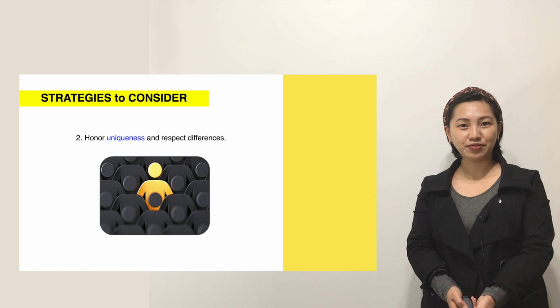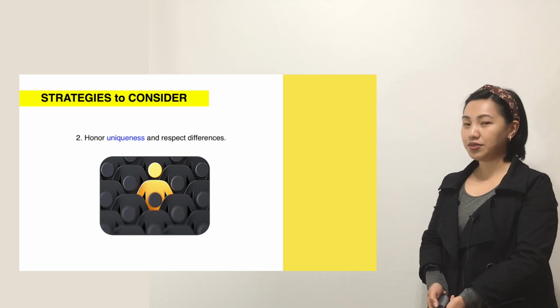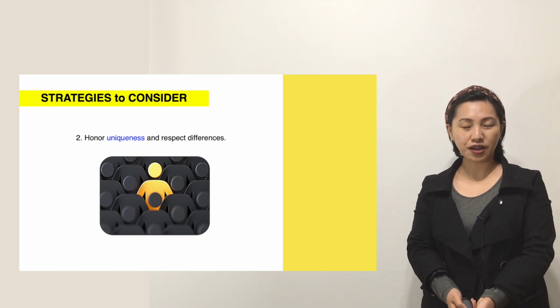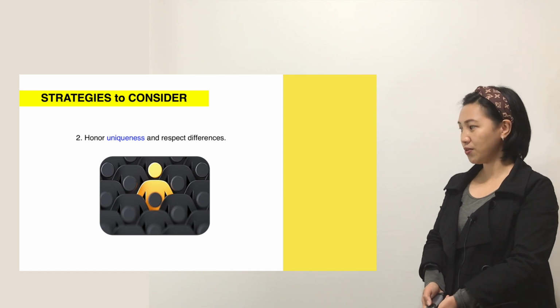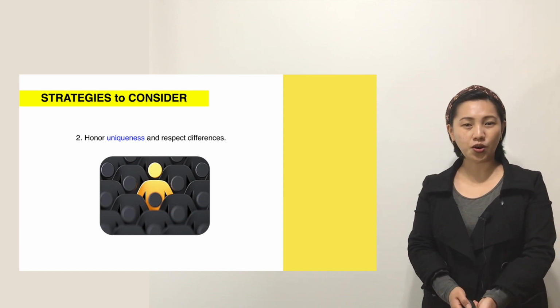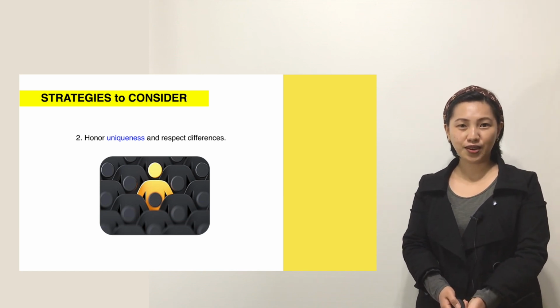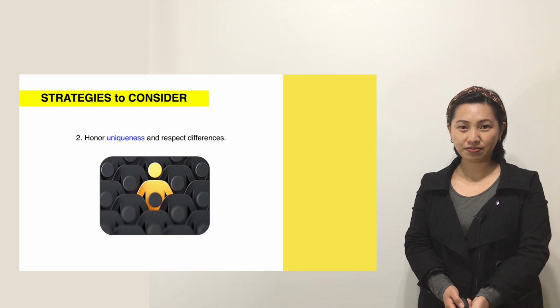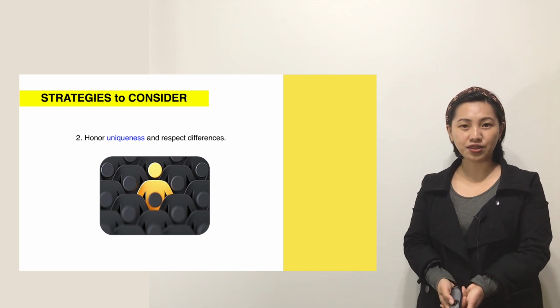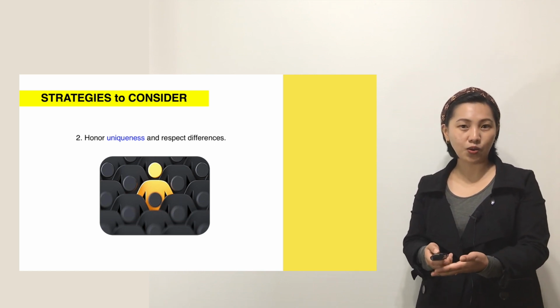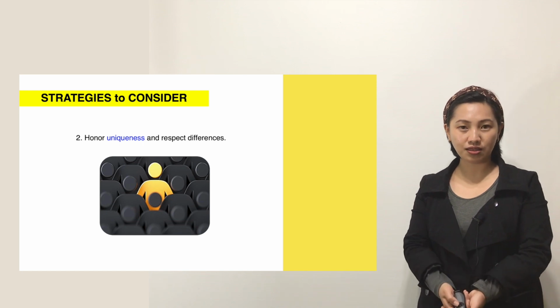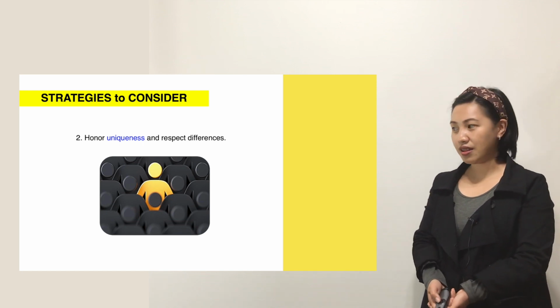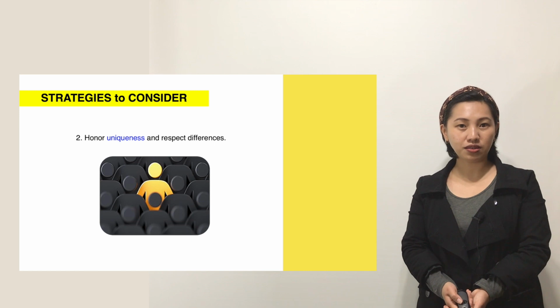Next, number two, honor uniqueness and respect differences. Here we go again with the first principle earlier on uniqueness. Why should we honor uniqueness? Remember UDL? Taking in your learners' differences and keeping them in mind when preparing lessons and activities. That's the same with brain-based learning.